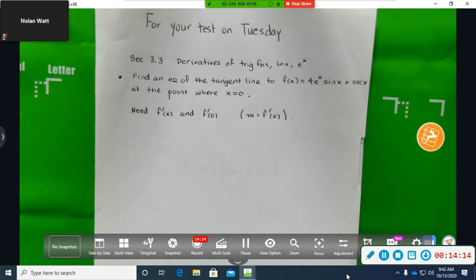Hold up your fingers. That's correct. 4 is your slope.